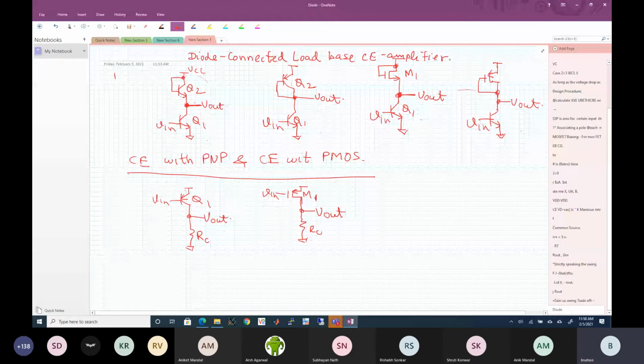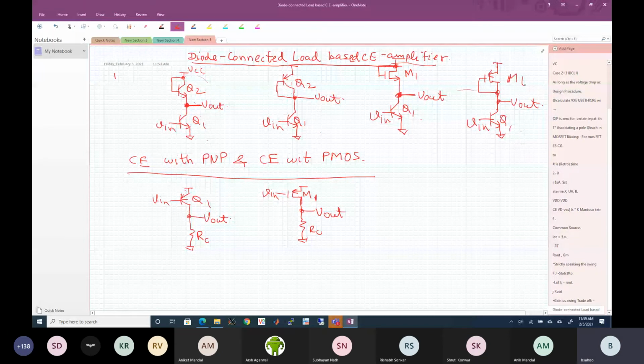Okay. Now similarly, you can have diode connected load based common source amplifier. So instead of Q1, you can replace this with M1. Instead of this, you replace it with a MOSFET, NMOS here, NMOS here. Okay.